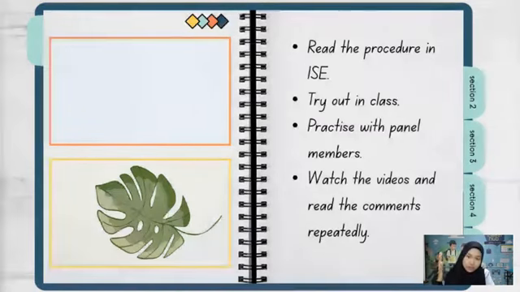Okay, what should you do? Watch the video, and then read page 12 to page 17 for the procedure. For the interlocutor, you need to read. Interlocutors, tell your interlocutor friends to read page 12 to page 17, and then watch the video. See how the teacher sits, how the teacher smiles, how the teacher responds to the student. After that, you have to read page 19 to 21 for the assessment. Okay, what is the problem?